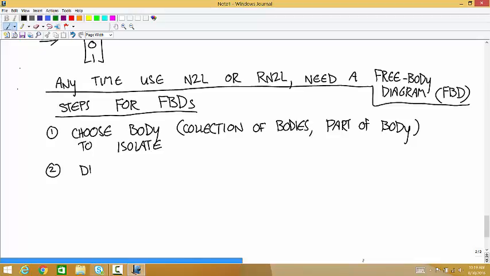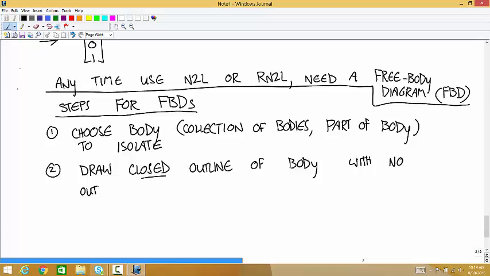Second, draw a closed outline of the body, with no outside objects and no internal details.